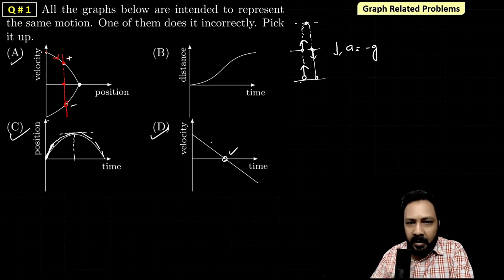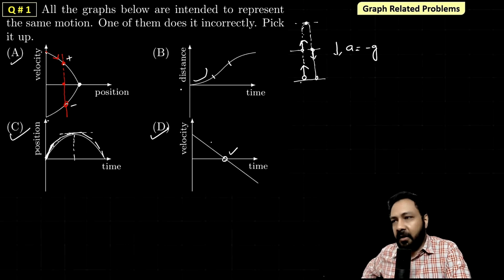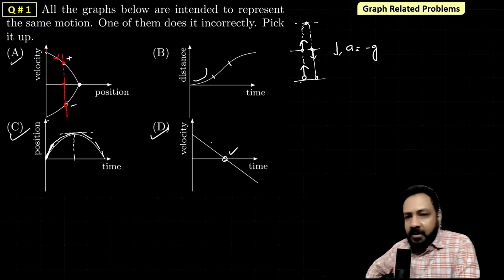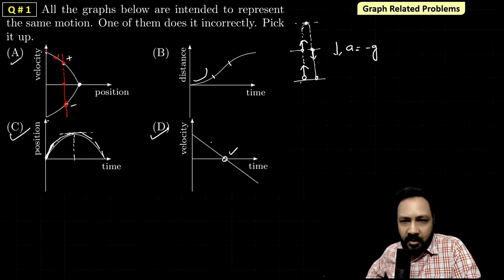In B, it is a distance graph. Even if it was a displacement graph, you can see there are three distinct regions of the graph. In this region, this is concave up, some curve. If the distance graph is curved, the displacement graph will also be curved. So it has an acceleration.